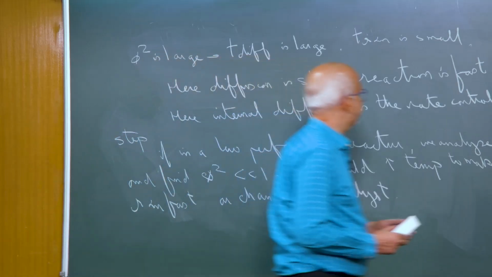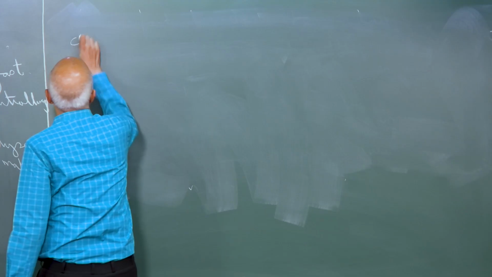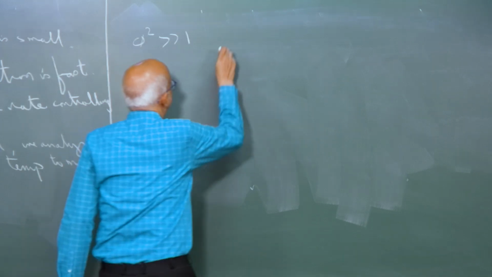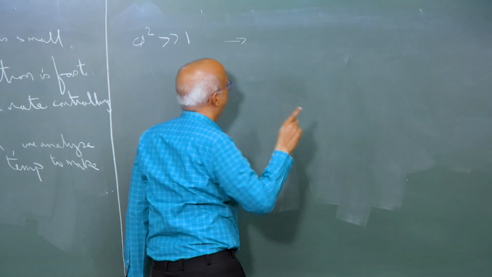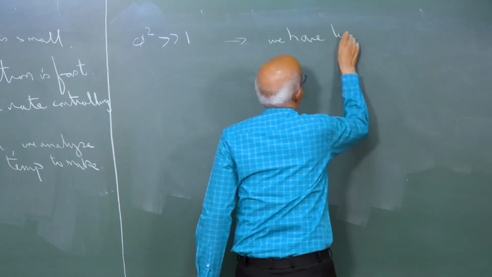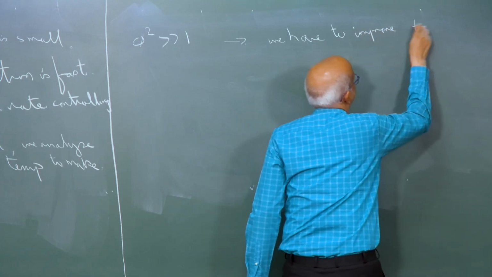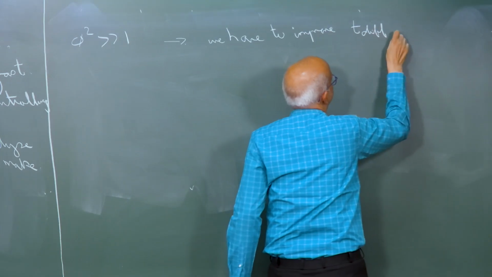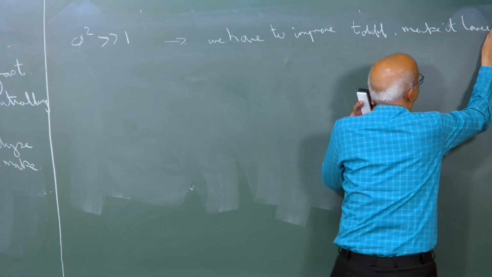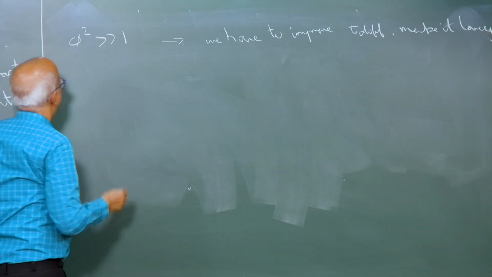What about the other case? Suppose phi squared is much greater than 1, phi squared is large, and my reactor is not performing properly, we have to improve T diffusion, make it lower, the diffusive time should be lower. So what should we do?